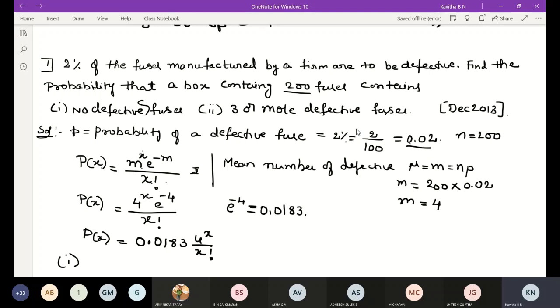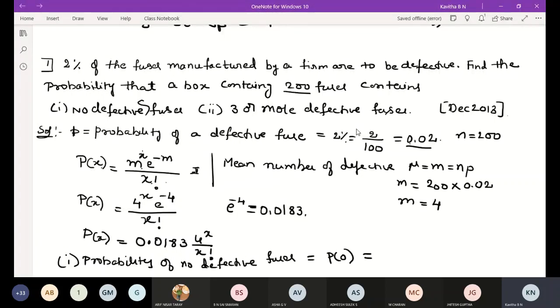Okay, completed. Then the probability of no defective fuses. Tell me, the probability of no defective fuses is what? P of 0. No defective, you have to take P of 0.